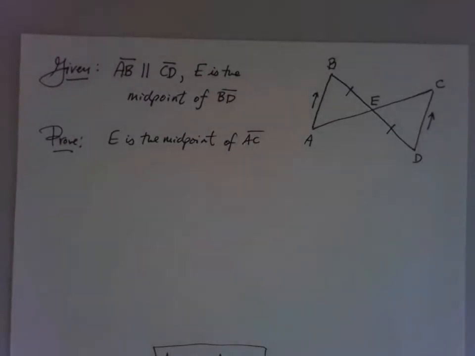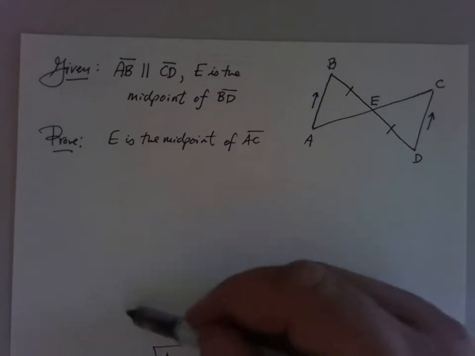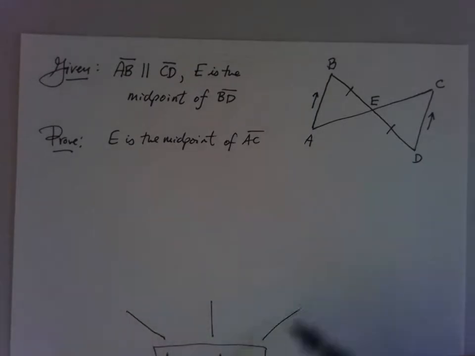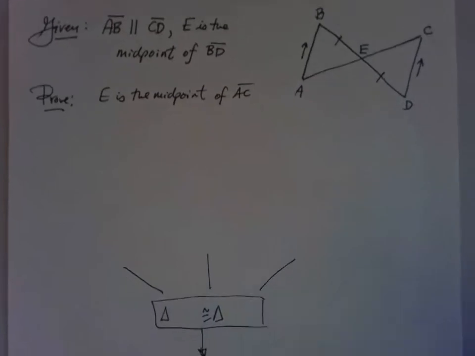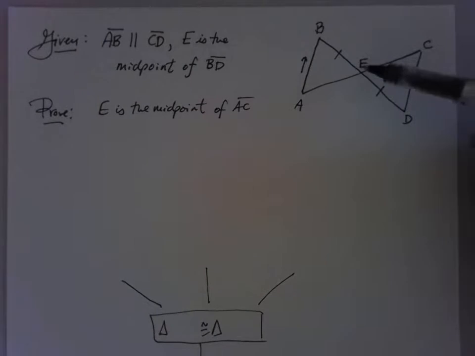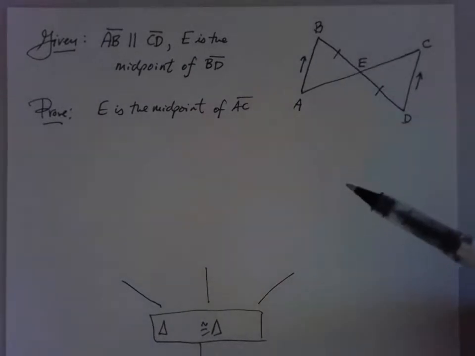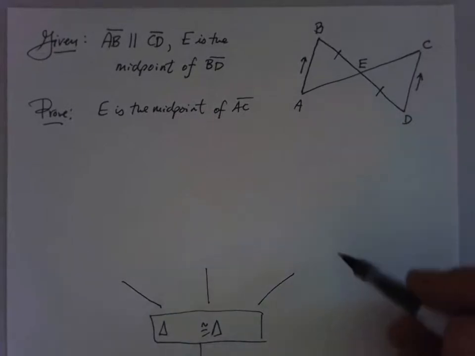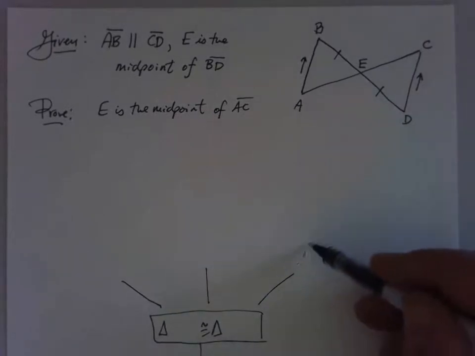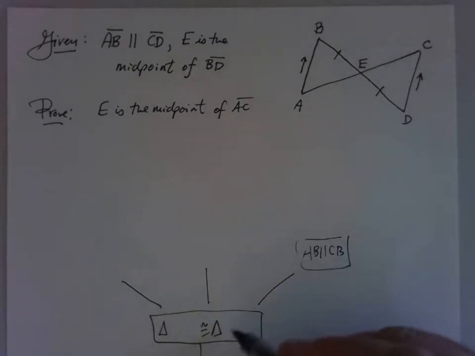One thing that has not changed is that we still need 3 congruences going into triangles being congruent. That has not changed. It's exactly the same as before. If I look up here, I only have 1 congruence. Under no circumstances, let me stress this, you may never have the parallels going directly into triangle congruence.